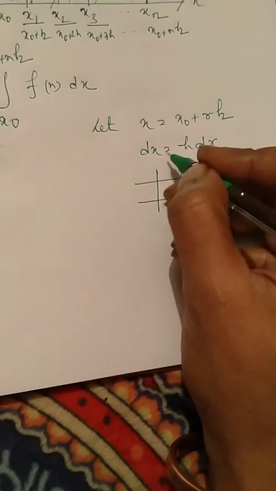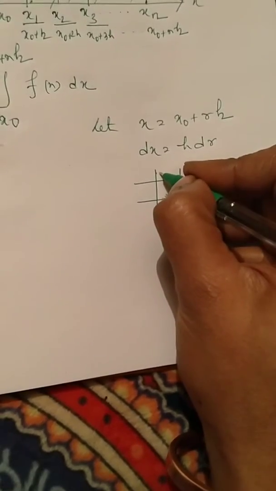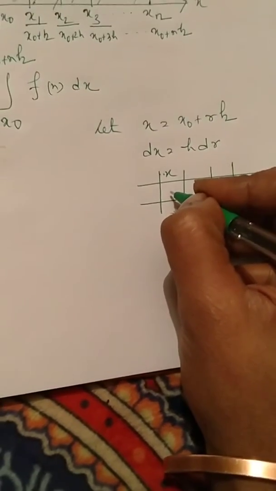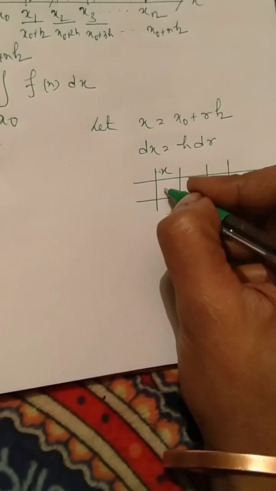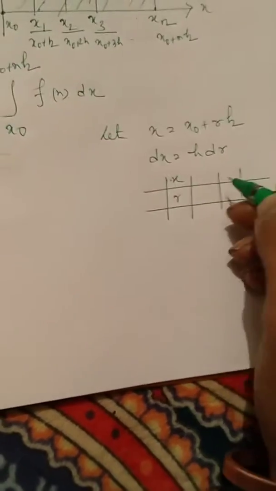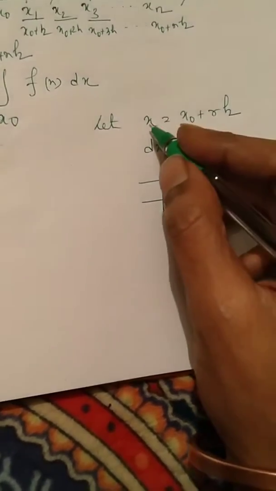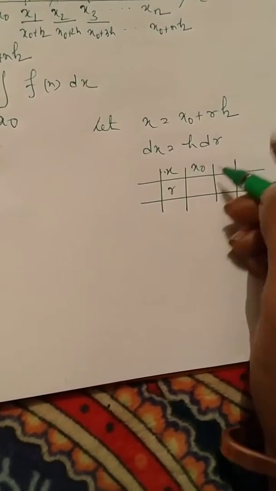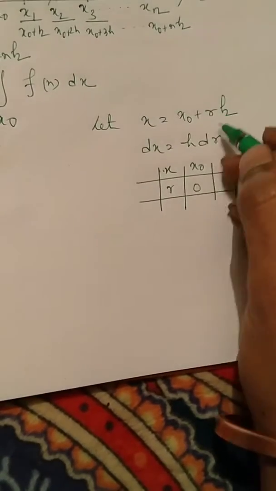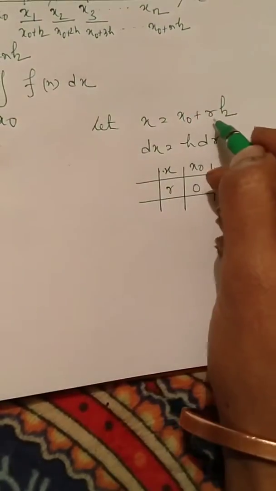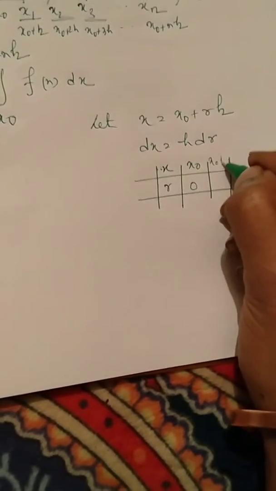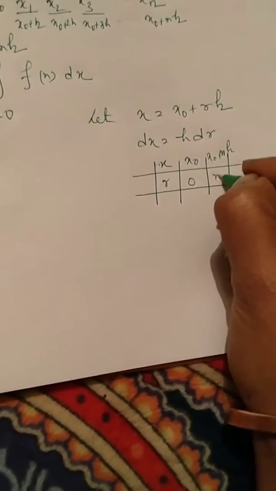When x equals x0, the value of r will be 0, and when x equals x0 plus nh, r will be n.